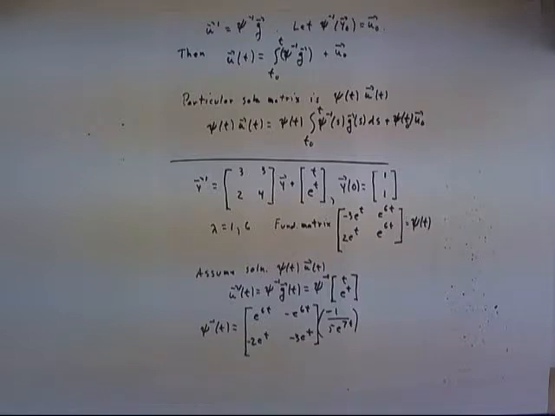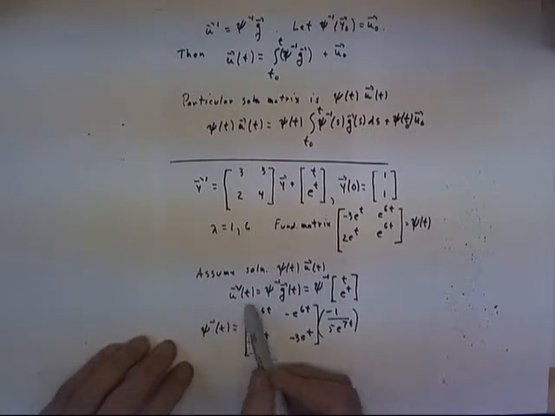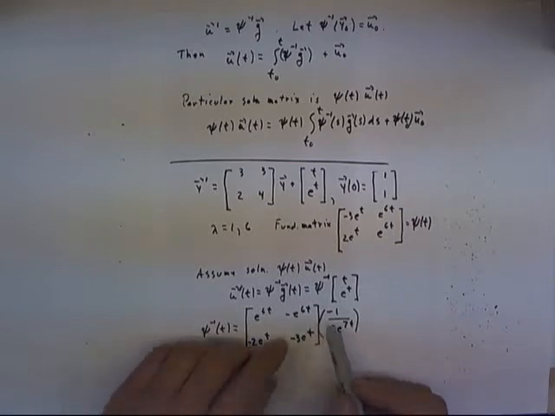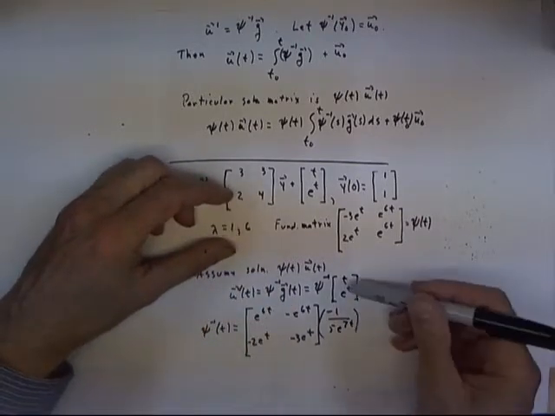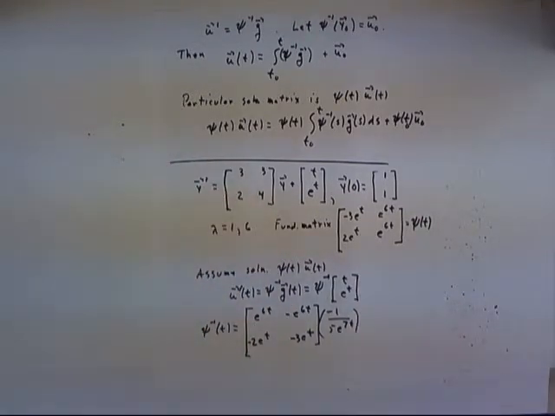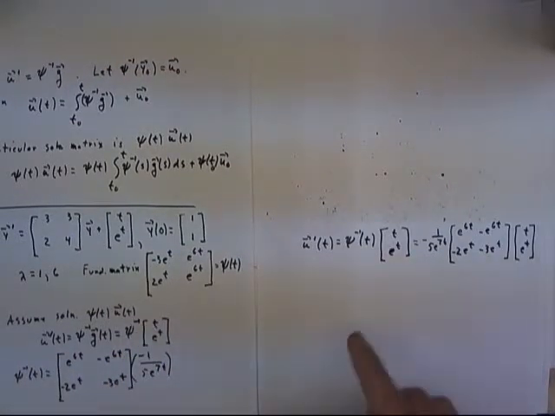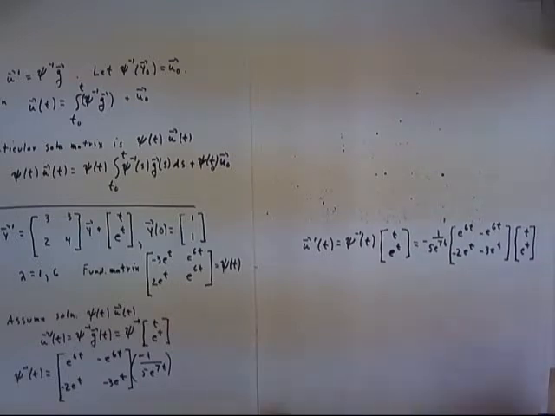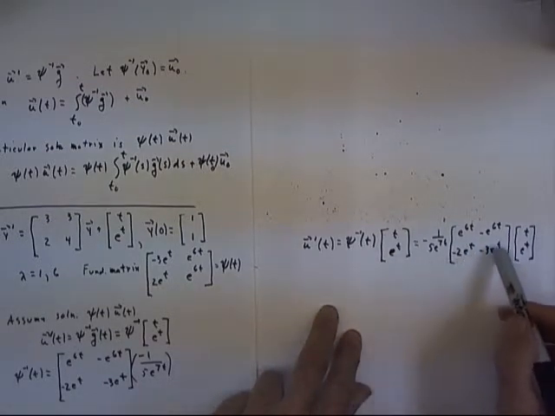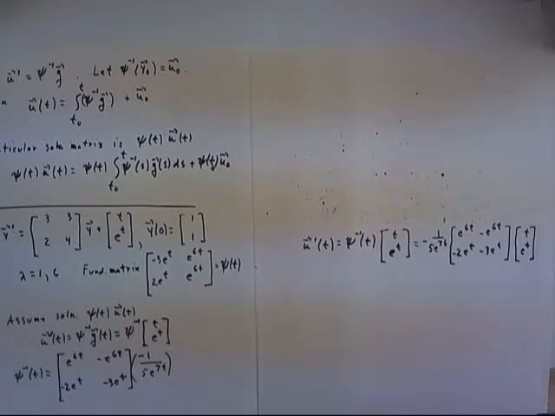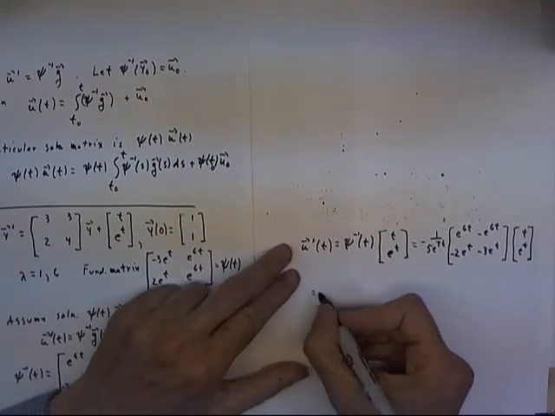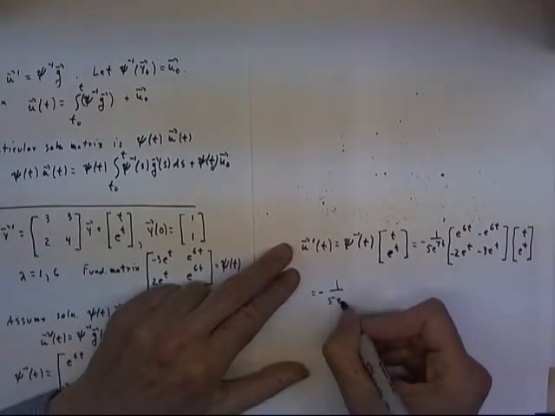Now we're in a position to calculate our u prime and see if we can integrate it. U prime is just this inverse matrix multiplied by this column vector. Simply writing out u prime of t equals psi inverse times t e to the t, we write the t e to the t vector, the inverse of the psi matrix, and we do the matrix multiplication. We get negative 1 over 5 e to the 7t.